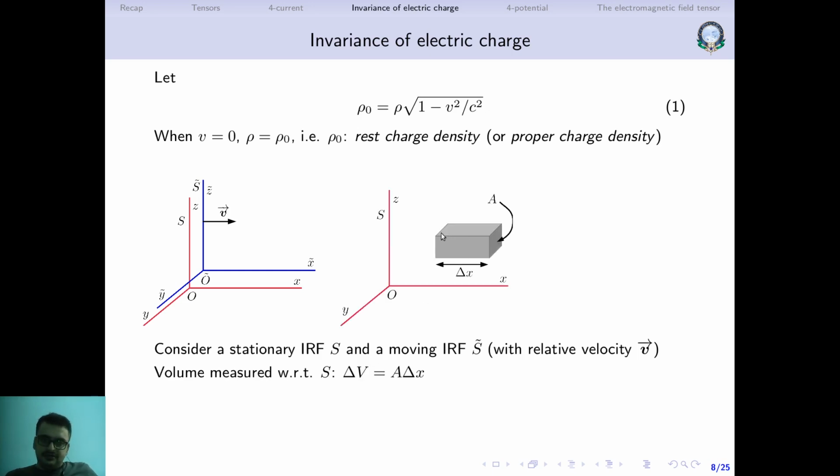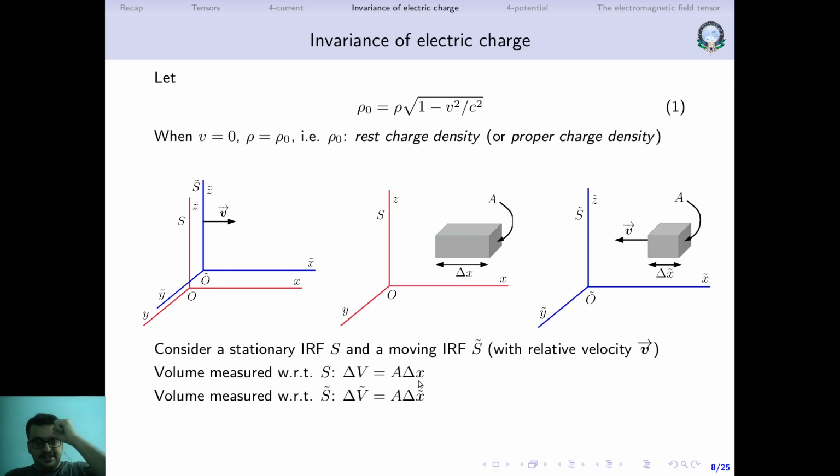So let's say we want to find out the volume measured with respect to the stationary frame S. How do you find out volume? Very simple. A is the area of cross section and delta X is the length, so all you have to do is multiply the area with the length. That gives us the volume measured with respect to the stationary frame, which will be equal to A delta X. Now with respect to the moving frame, S tilde is moving with respect to the stationary frame, which means that with respect to S tilde, this cuboid is actually moving in the opposite direction.